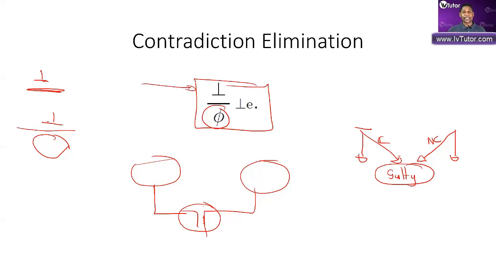Even when you crash a computer, what does it do? It resets. So any other command you put after that then becomes valid. If a computer crashes, it will reset, and then you can do whatever it is you want to do. That is the contradiction elimination rule.